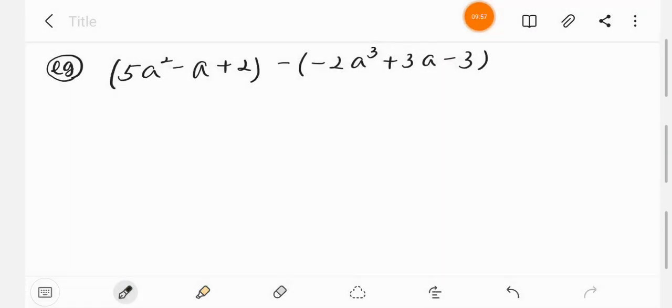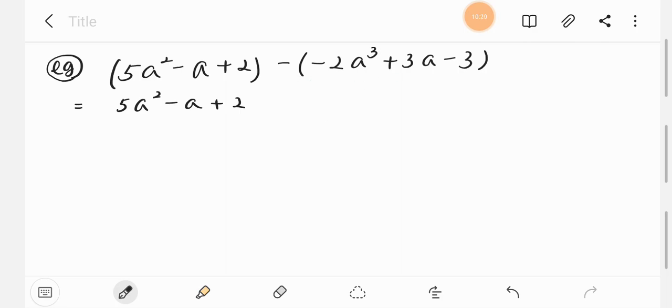Let's add these two polynomials. Actually, it's a subtraction, so we can do it this way. The first polynomial is 5a squared minus a plus 2. We can remove this parenthesis because there's nothing in front of it.